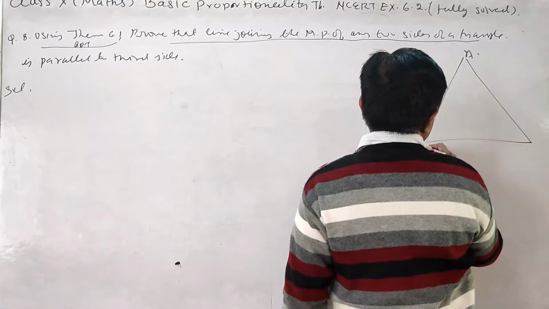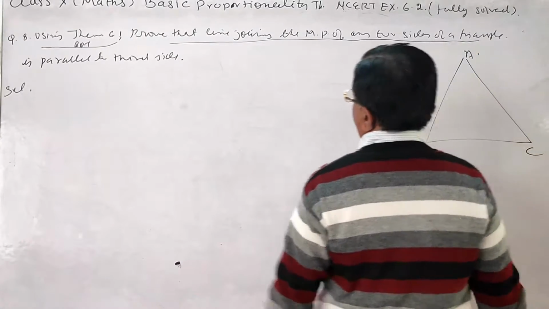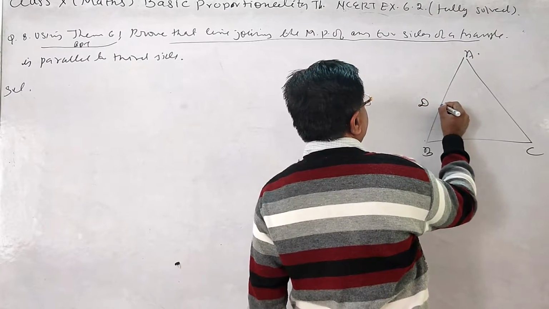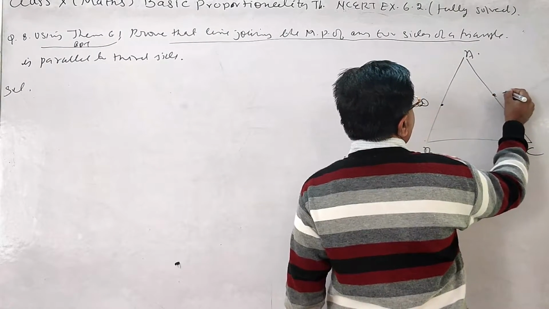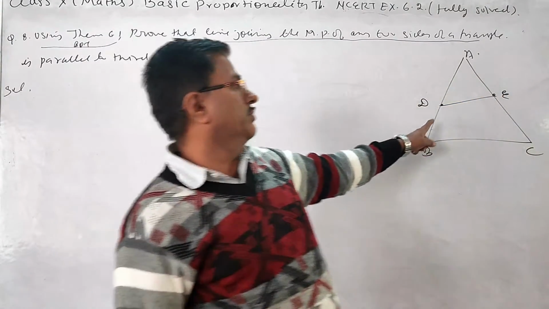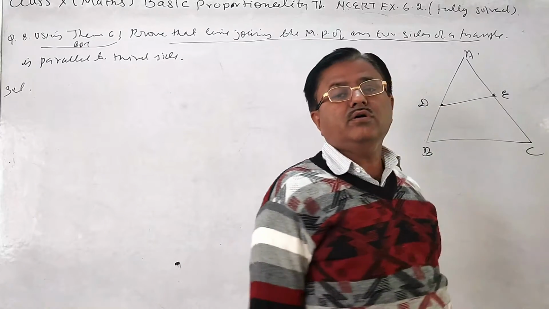Suppose we are given triangle ABC, and it says prove that, suppose you consider D and E are the midpoints of these two sides, then the line joining the midpoints DE is parallel to BC.